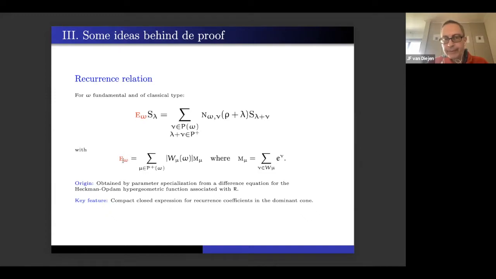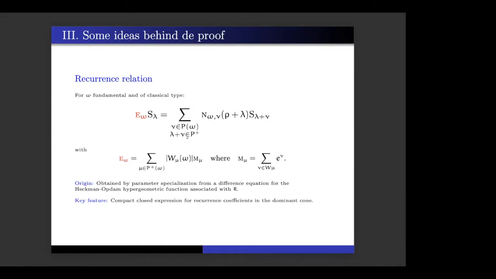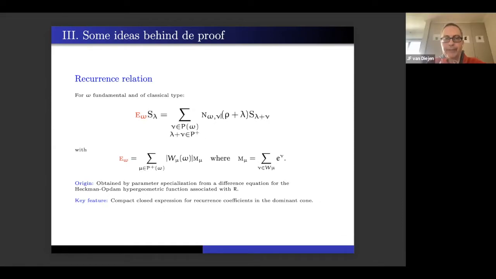It turns out that with this basis, you can compute this expansion completely explicitly inside the dominant cone. So here is where these coefficients n appear. They appear in the expansion of these products. And well, how did we get this formula? Well, a few years ago with Erdal Emsiz, we derived a difference equation for the Heckman-Opdam hypergeometric function.